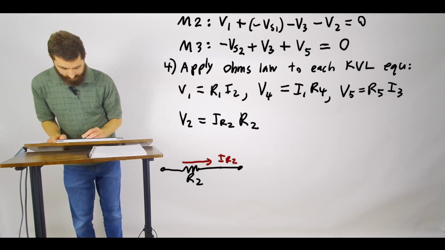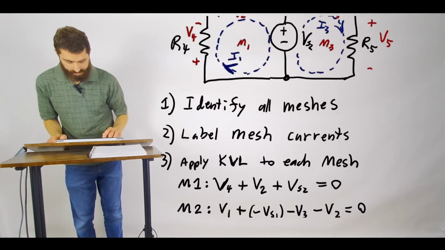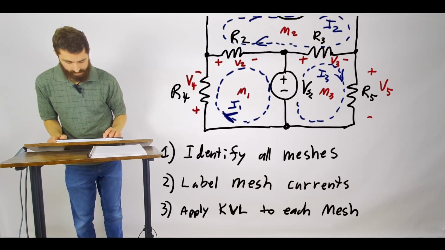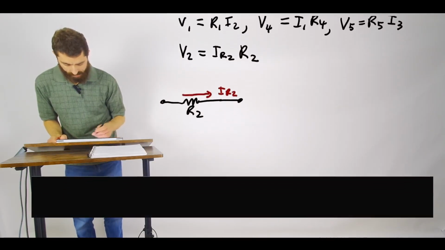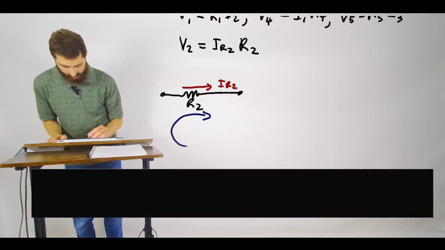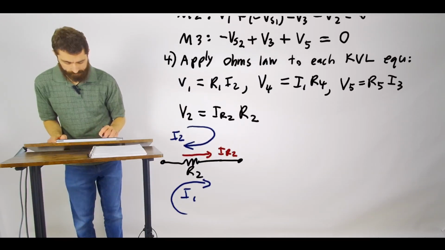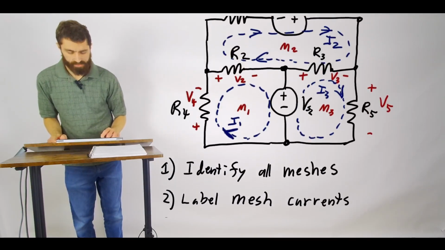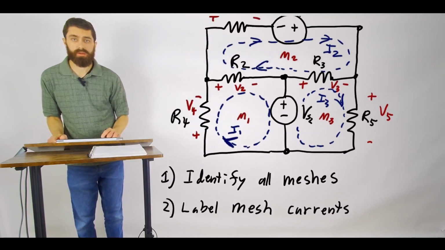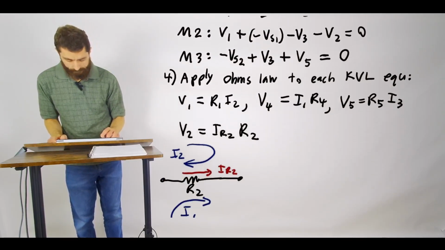But then we also have these mesh currents that we've drawn. We've got I1 going this way and I2 going the other way, according to how we've drawn I1 and I2.